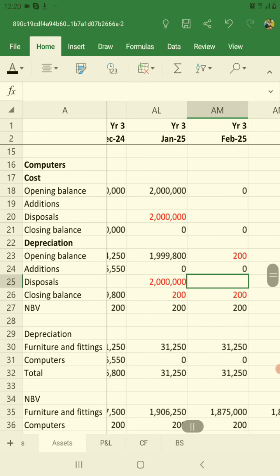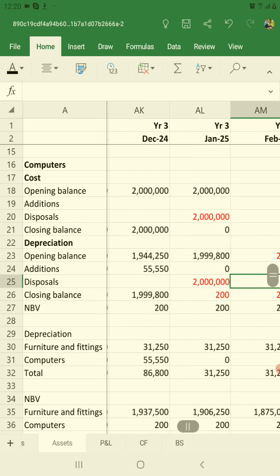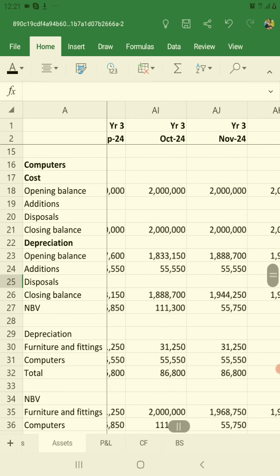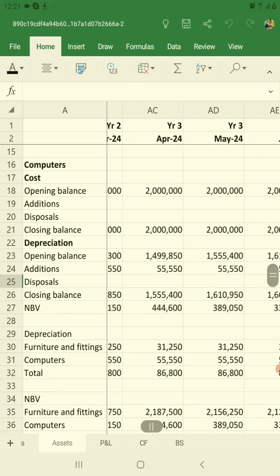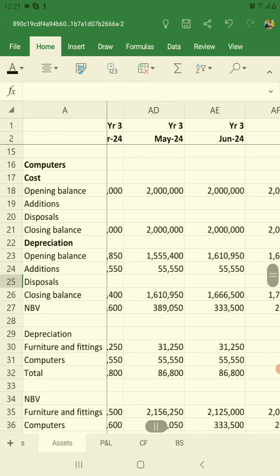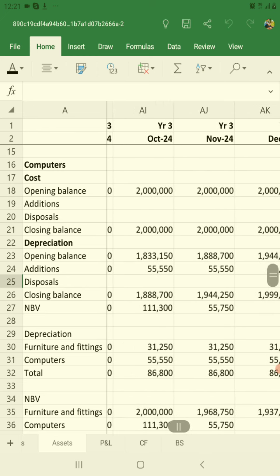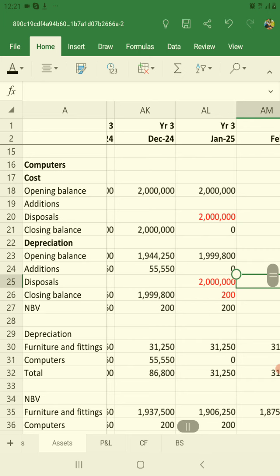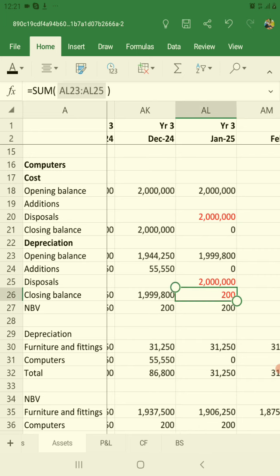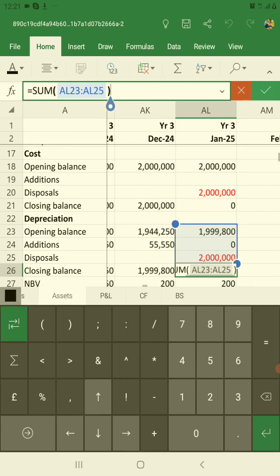Why do we have opening balance, closing balance, net book value, closing balance? How do we get this closing balance here? Let me see.